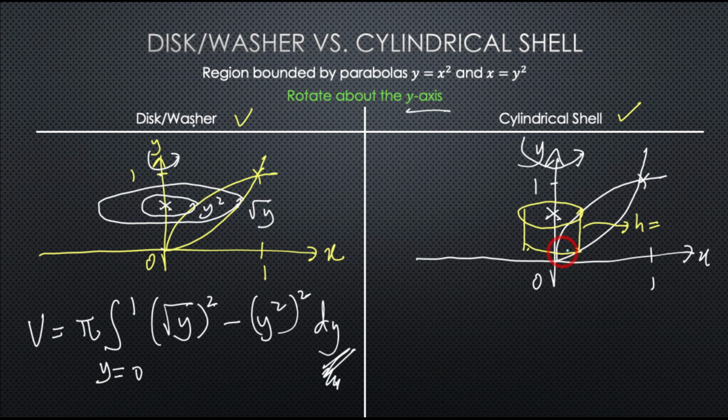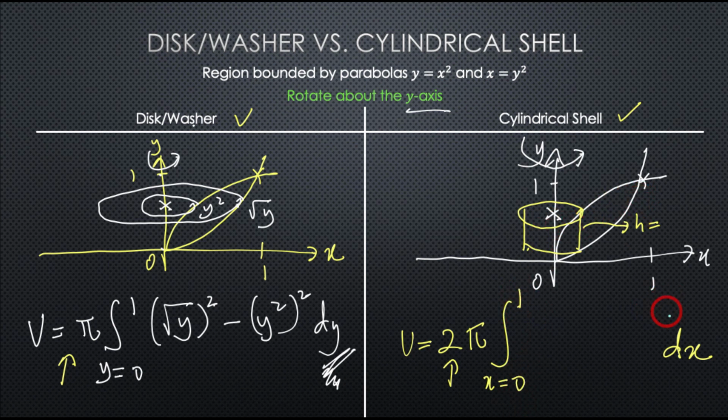So you are moving to the right, because you have one cylinder and then another cylinder, to the right, to the right, to the right. It means that you integrate against x. So V equal to 2 pi. The difference is the 2, this one has no 2. Integration, x from 0 to 1, dx. The large one is this one. So x equal to y square, y equal to the square root of x.